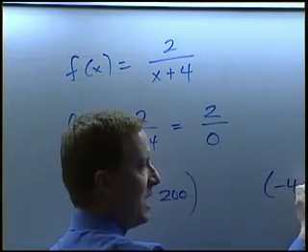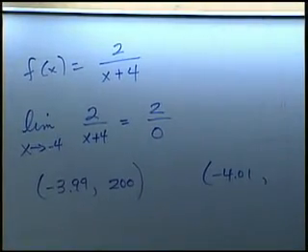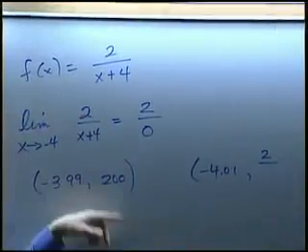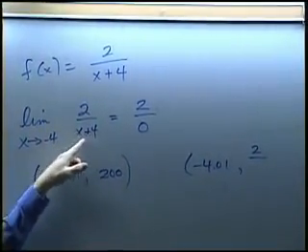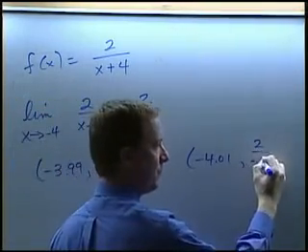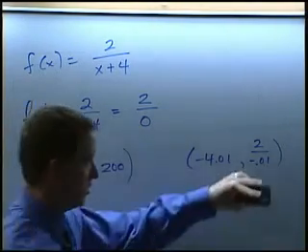Let's look at -4.01 and see what happens. Again, the numerator is just 2. If I substitute in -4.01, I get -0.01 this time. And so what's 2 divided by -0.01? -200, sure.